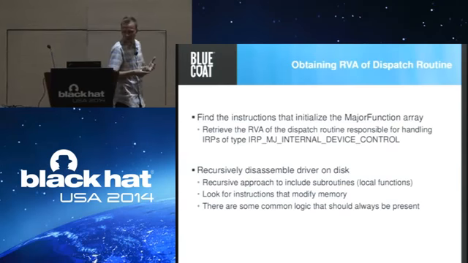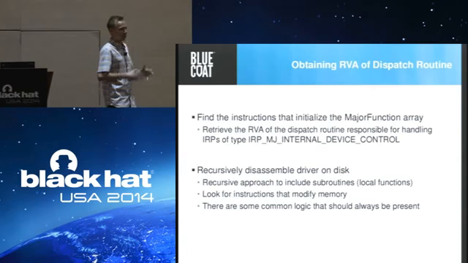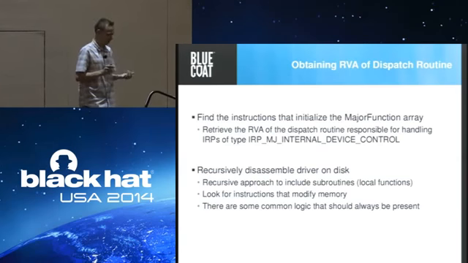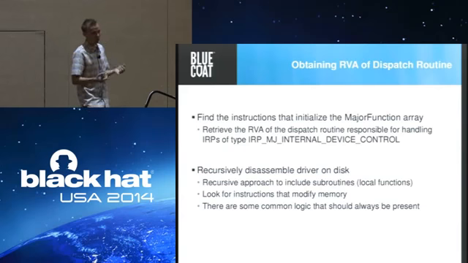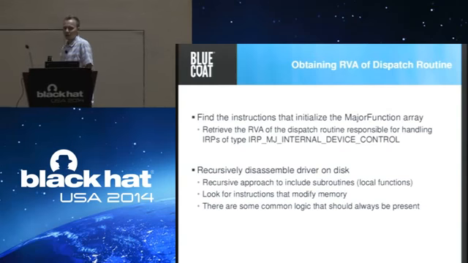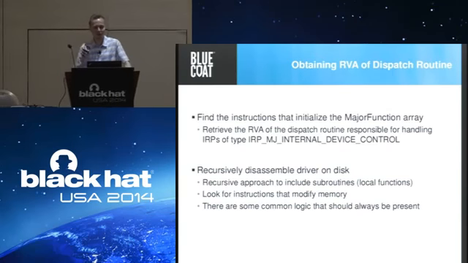So we do this by recursively disassembling the driver on disk. We have to do it recursively because the instruction might reside in a local function or in a subroutine. And then we look for instructions that modify memory.